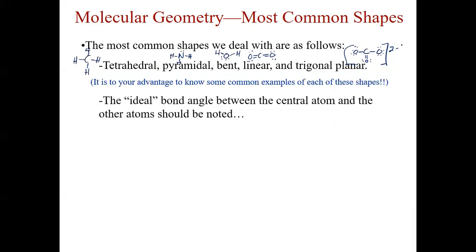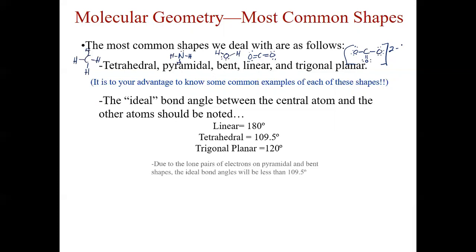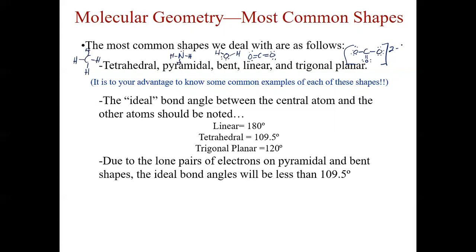The ideal bond angle between the central atom and the other atoms should be noted. For linear, it's 180 degrees, tetrahedral 109.5 degrees, trigonal planar is 120 degrees. So these are like some of the most common bond angles that you will work with.